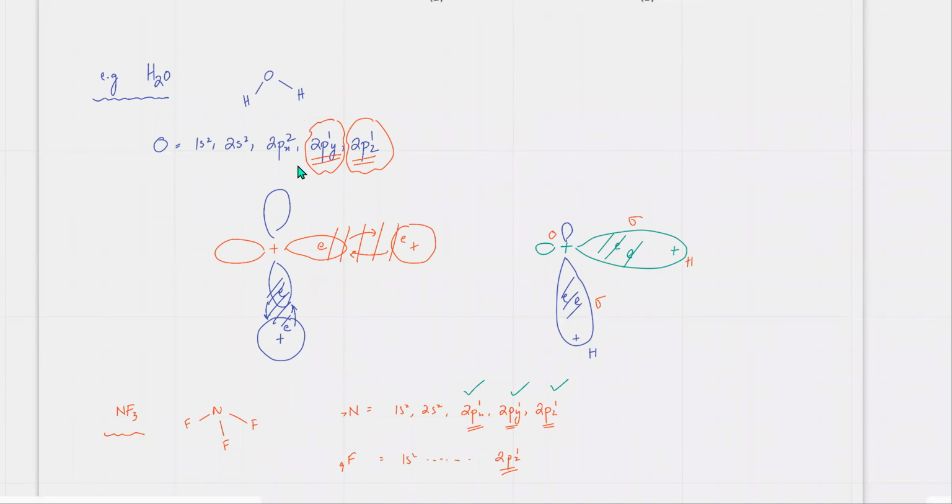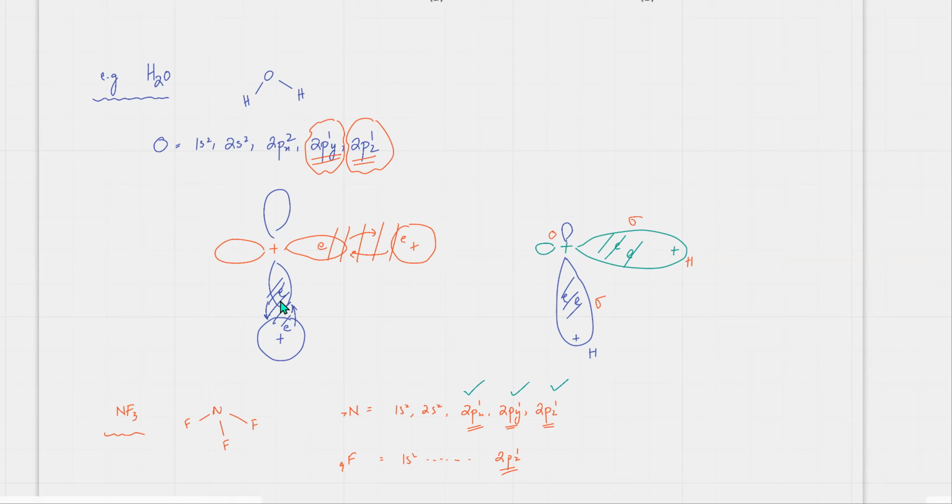And oxygen had another p orbital that needed an electron. So it pulled one of the hydrogen atoms, tried to attract its electrons. The electrons got stuck over here. The two orbitals eventually merged with each other, and the new bonding orbital had maximum electron density right in the middle of the two nuclei.